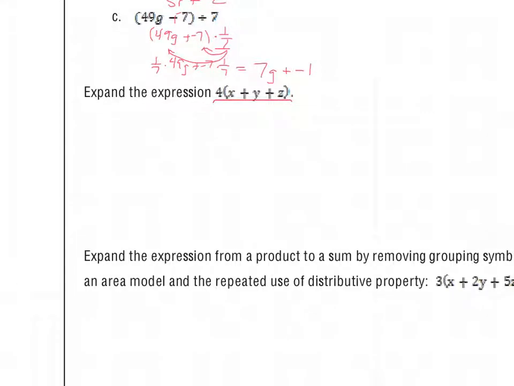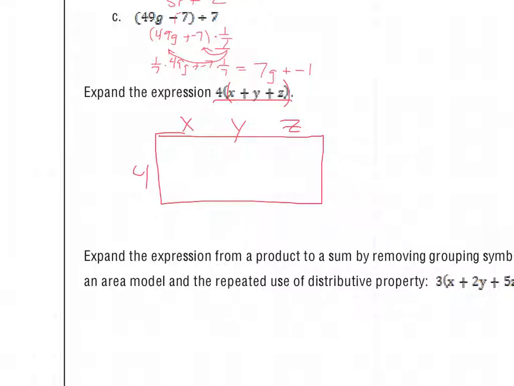So we can see that it's 4 times this group, so this group is going to be one part of our rectangle, and the other side is going to be 4 units. If we break this down, we have different areas to find. This is 4 times x, this would be 4 times y, and this would be 4 times z.